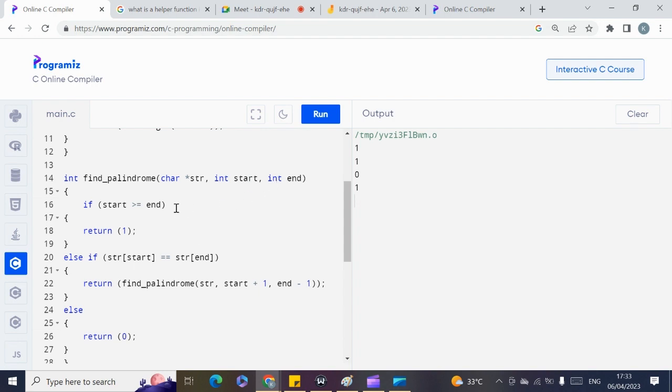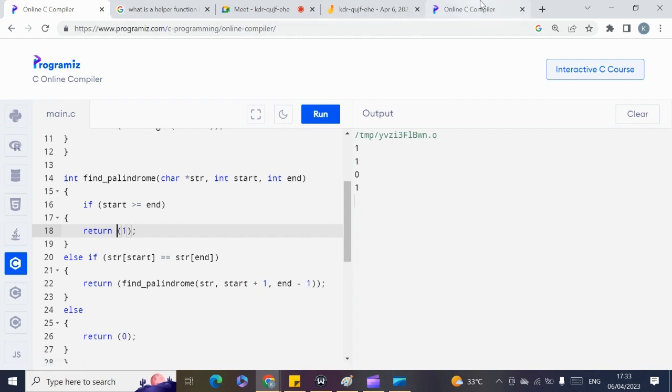So what this is doing is that when start is greater than E, return one. It means it has moved, and S has become greater than E, so return one, meaning it is a palindrome.